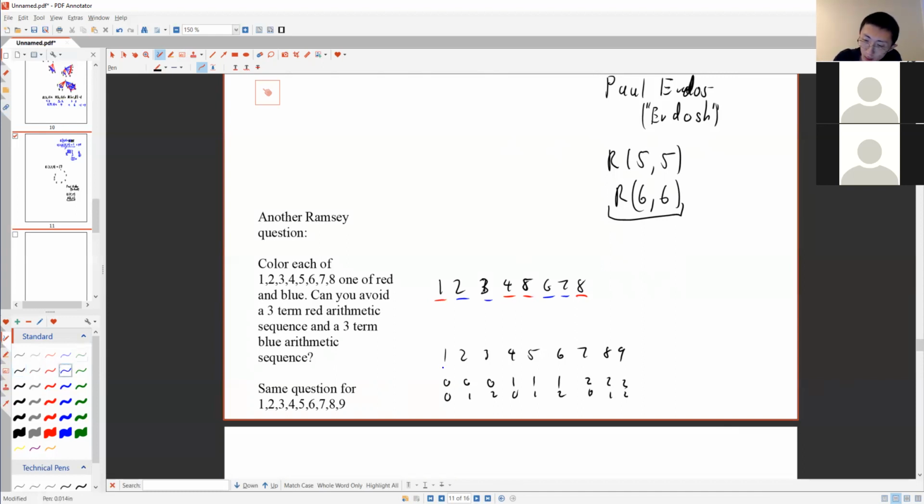So let's just try. Yeah, now this is an arithmetic progression. Oh, and the 258 is as well. So at the very least, this would be Ramsey theory on the integers.